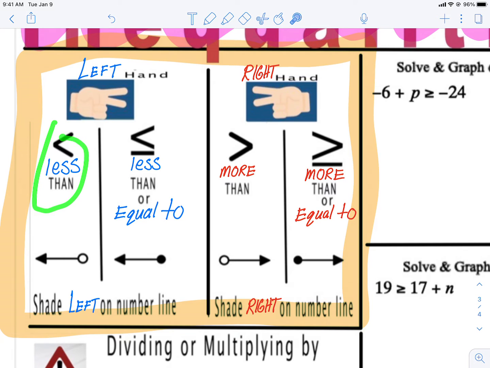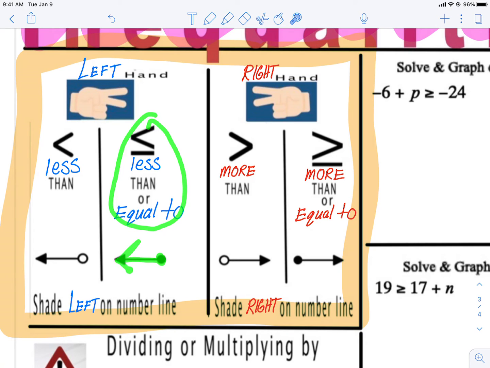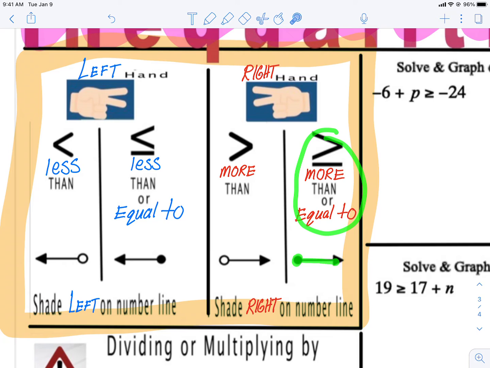Less than, you open circle and you shade to the left. Less than or equal to is closed circle and shade to the left. More than is open circle and shade to the right. More than or equal to is closed circle and shade to the right. Okay, so let's keep that in mind.